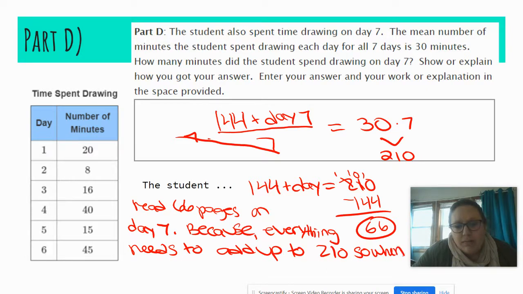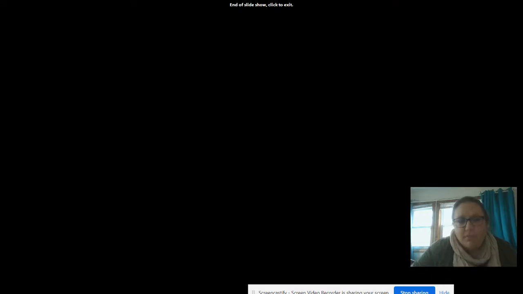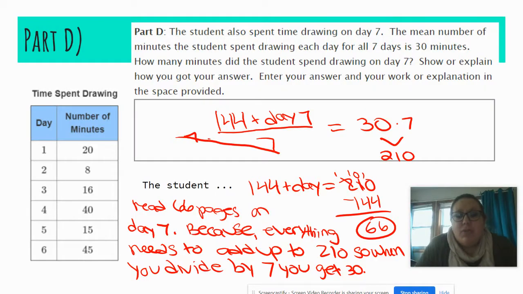So when you divide by 7, you get 30. And then I'm going to run out of room, but you would then add the previous 144 that we found and subtract that from 210 to get 66 left.